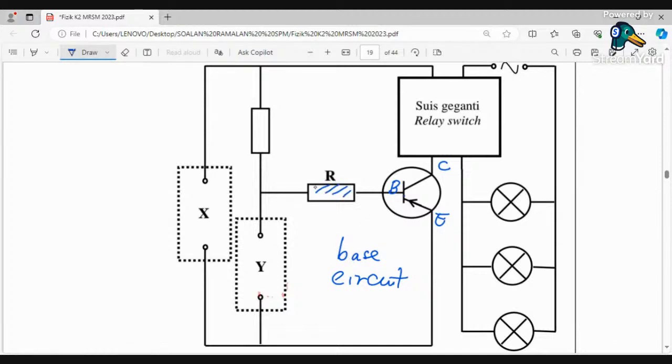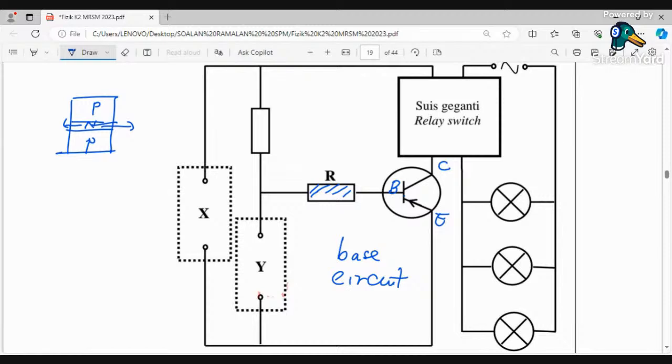Kenapa ada R ini? Okay, if you look at the structure of the transistor, N, P and P. So N ini is a very thin layer, means it consists of small charge.